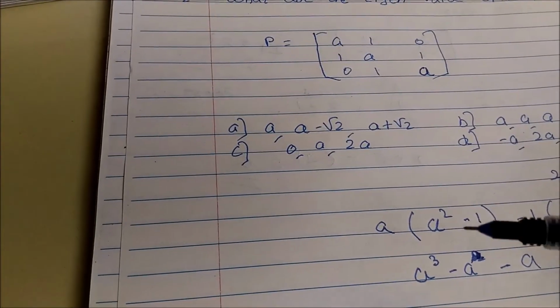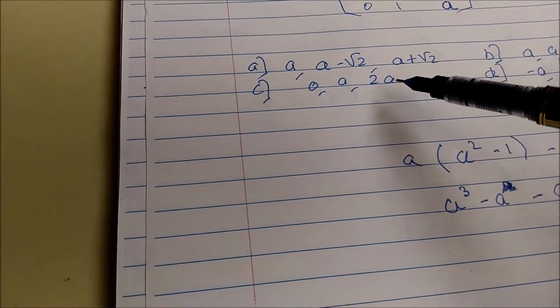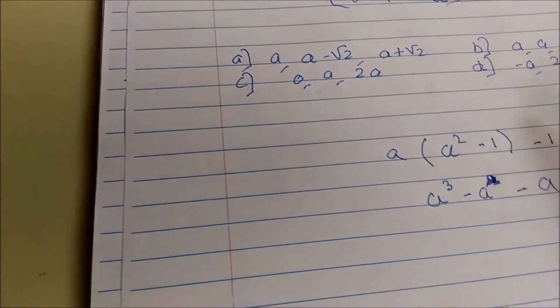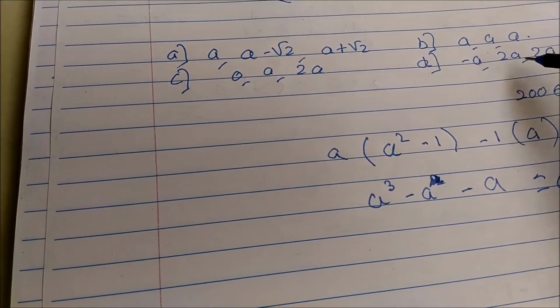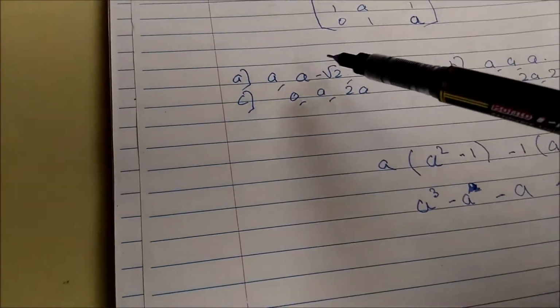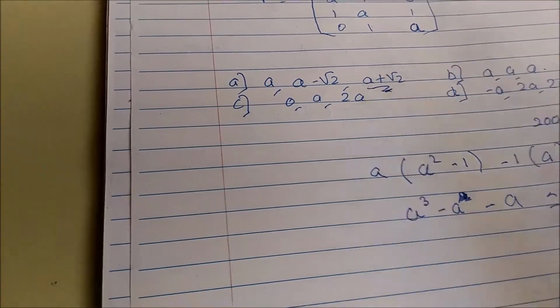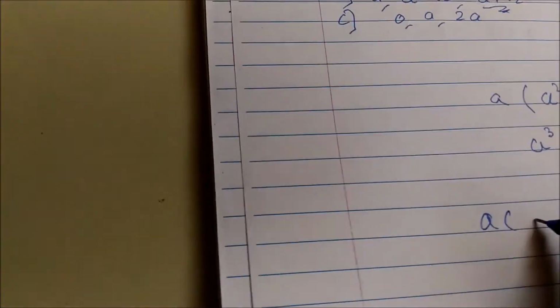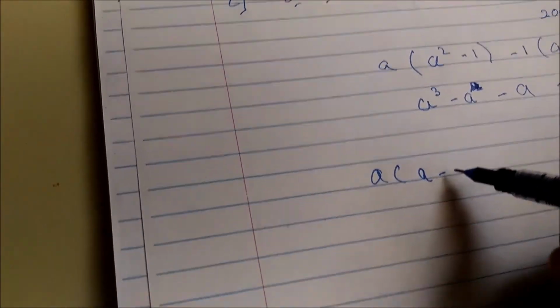Now we'll look at our options. In option B we will get a cube if we take the product, and in option C we will get 2a cube, and here something around minus 4a cube. So only option A matches. We will solve the product for option A and prove it matches.